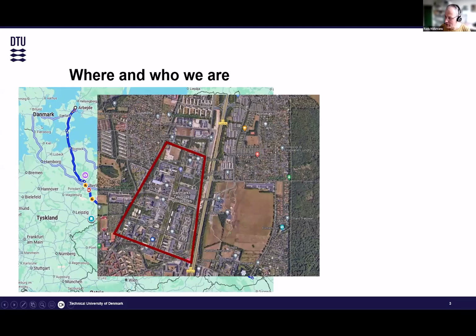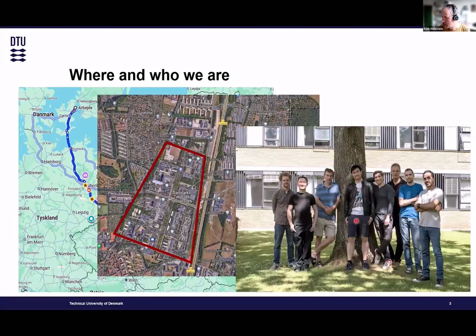If we zoom in on this spot over here, maybe I should put the laser pointer. Here we are. This is the DTU campus, and our building is down here. Next to the building, we have a nice garden where we do some of our outdoor activities.